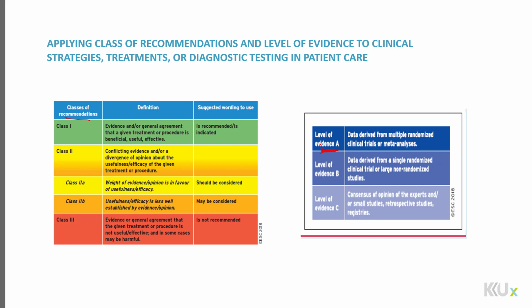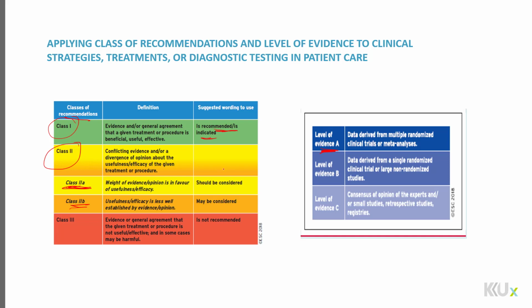So the first class is class 1. It means that this treatment is indicated or highly recommended. That's to say the benefit is much greater than the risk if you apply this treatment. Class 2 recommendation may be class 2A or 2B.